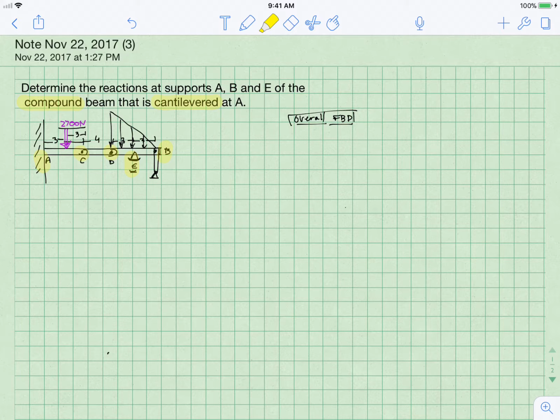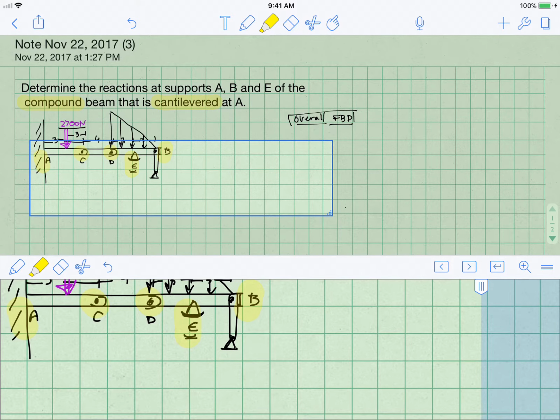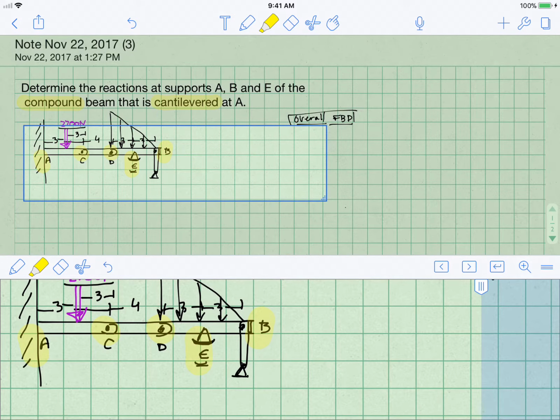I have a pretty lousy diagram of what's going on here at B, so let's magnify it so you can see a little better. This funny thing at B is just a two-force member that goes from B down to this pin.